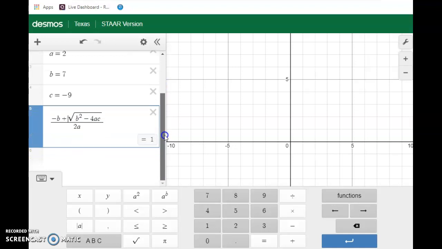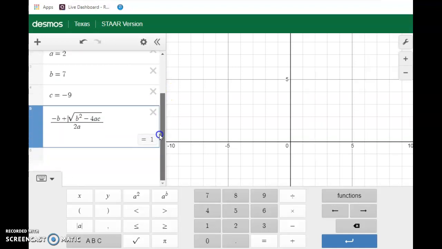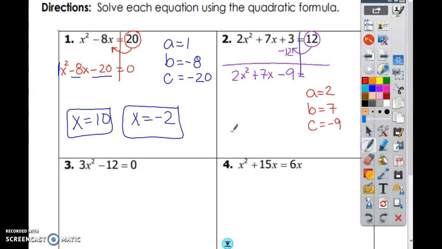Now you have both answers at the same time. You have the negative answer and you have the positive one. So here are my two answers, 1, negative 9 over 2. So X equals 1. X equals negative 9 over 2.